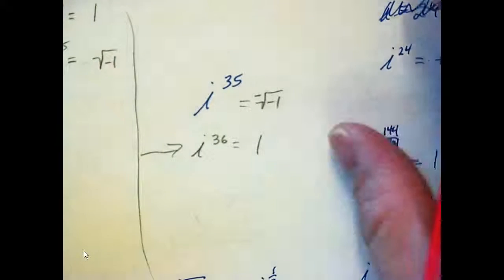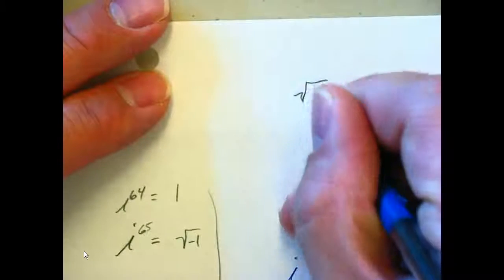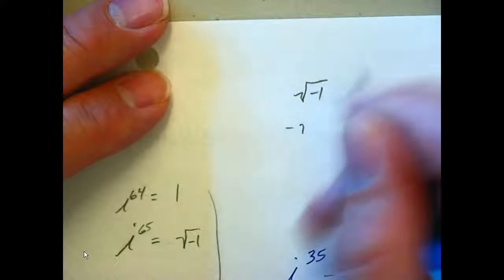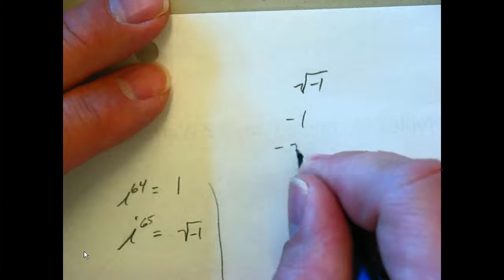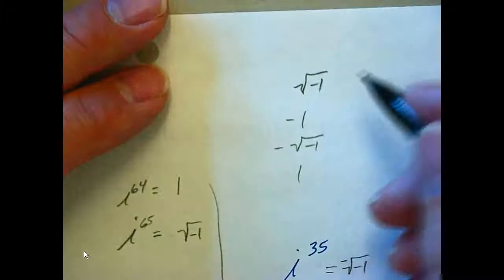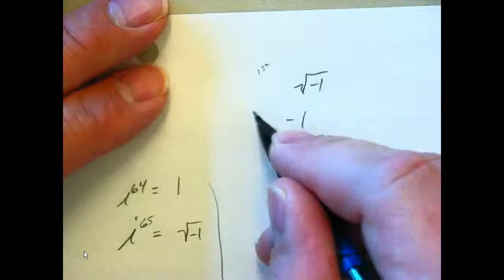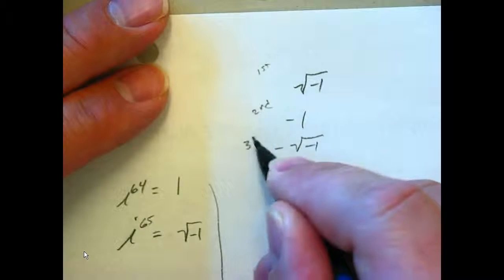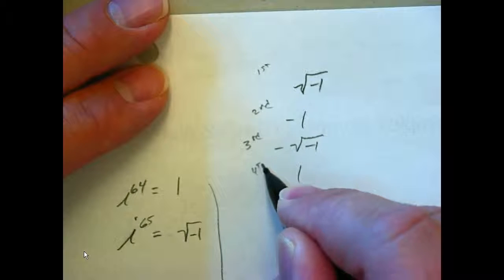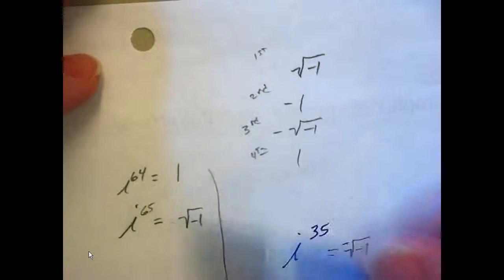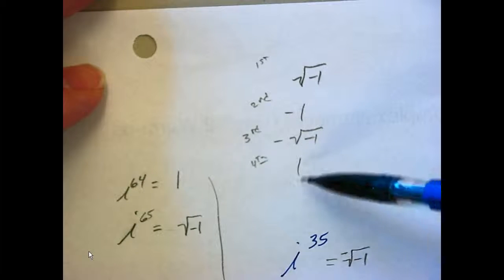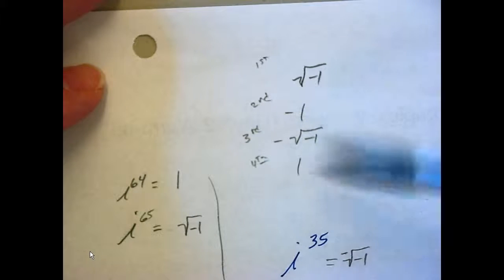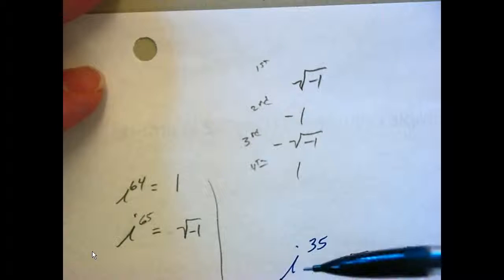So one thing you could do when you're dealing with these, since you know the pattern now, first, second, third power, and fourth power. If you can always figure out where that 1 is, then you can calculate where the other ones are very fast. That was the purpose of today.